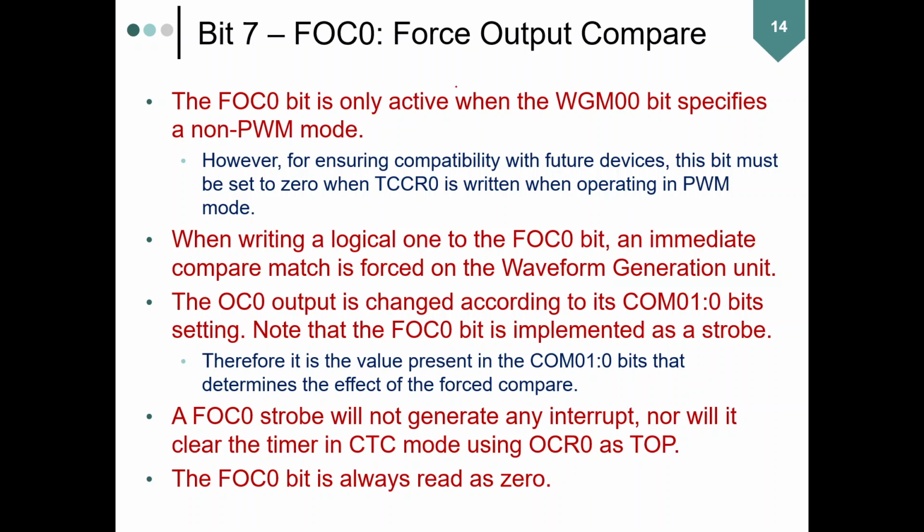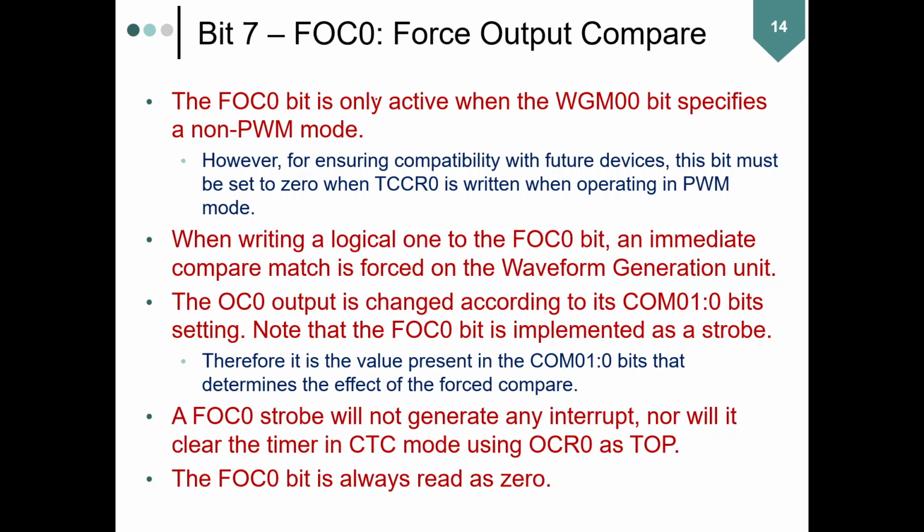So FOC0 is the force output compare. It is only active when the WGM0 bits specify a non-PWM mode. So once you are in the non-PWM mode, then it is active. However, for ensuring compatibility with future devices, this bit must be set to 0 when TCCR0 is written when operating in PWM mode.